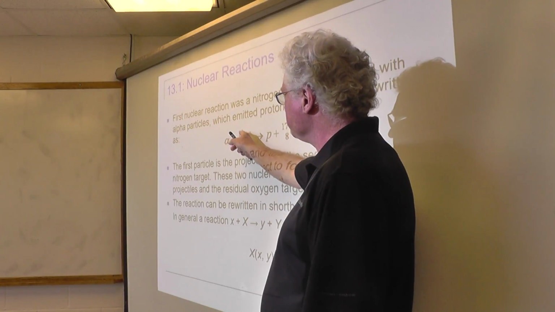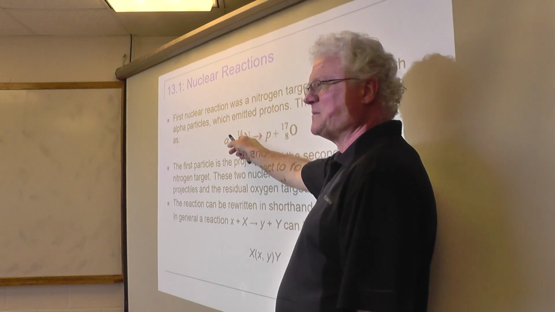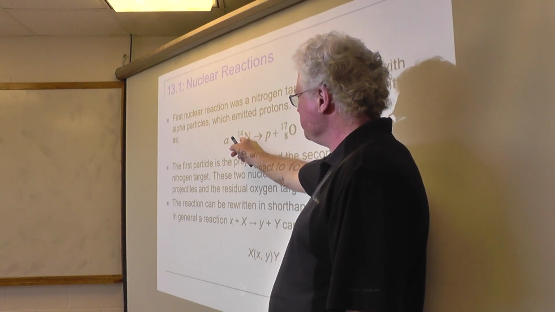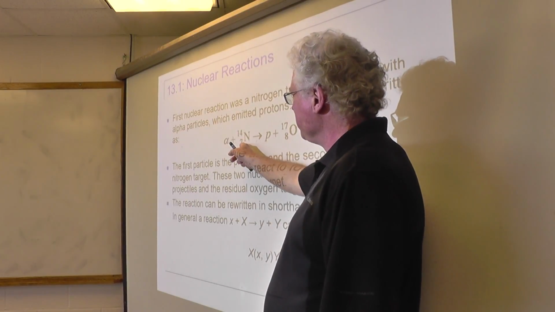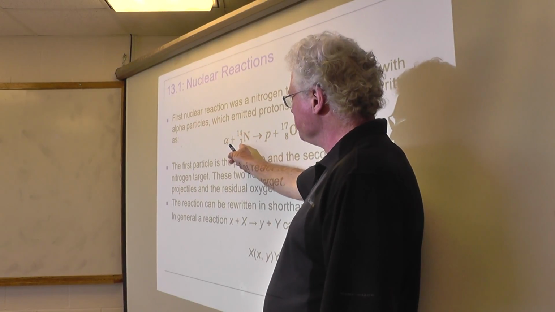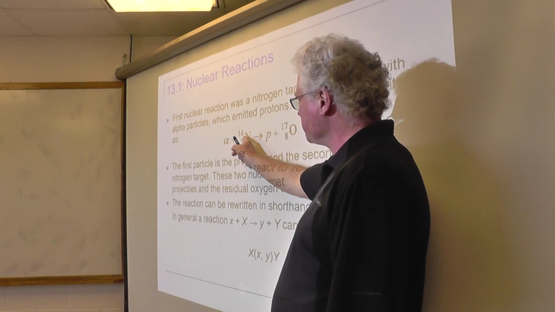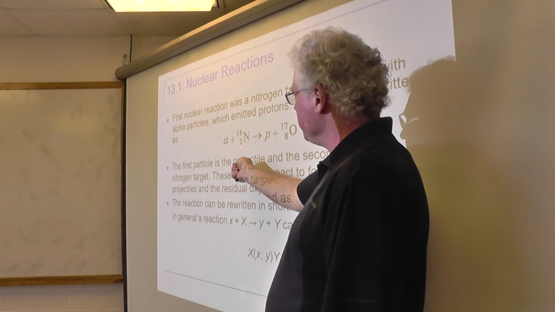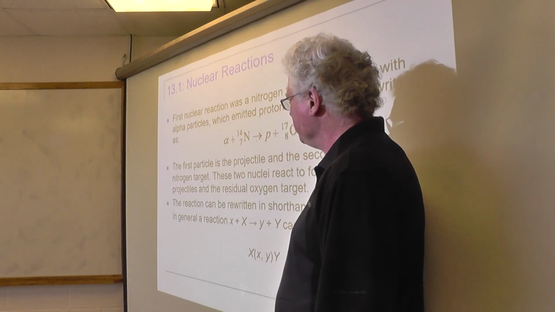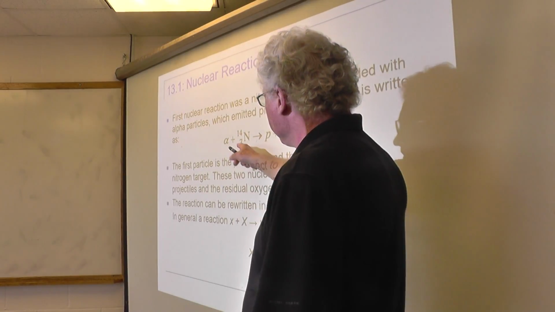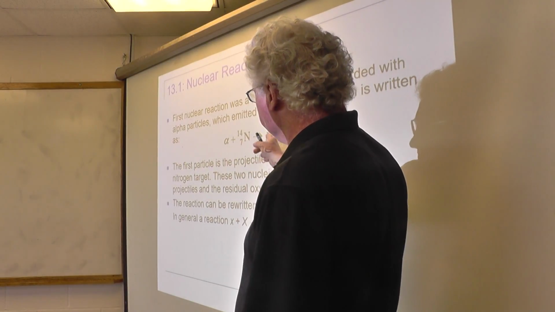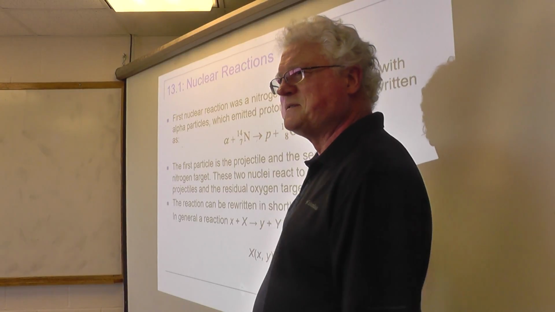I think they call that A. At any rate, one of these would be Z and the other A, but the idea is that this is the total number of nucleons, protons plus neutrons. So the number of protons for this nucleus is 7, and the number of neutrons is also 7. Now if we combine this plus this, can we see if the total number of neutrons and protons is indeed conserved?